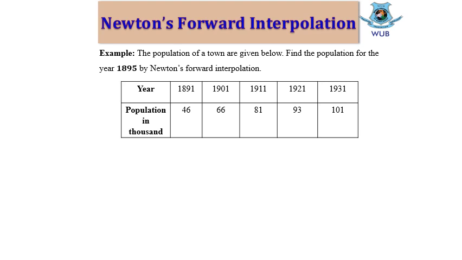But you have to find out the population for 1895, which is not given here, and you have to remember what the question is. The question is that you have to find out a specific year which is in between the range. That means the starting year is 1891 and the ending year is 1931, and you have to find out 1895, which is in between this range. Okay, now let's start.